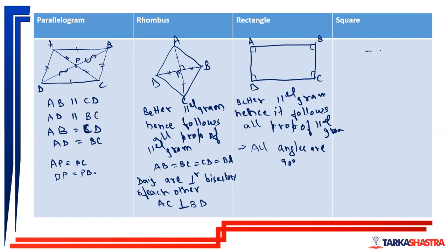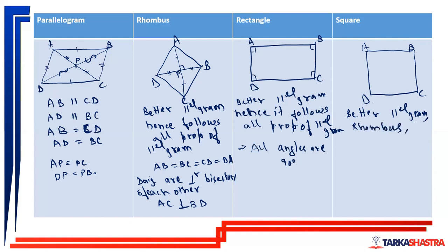Then what we have is a square, ABCD. It is a better version of parallelogram, than rhombus, then also rectangle.